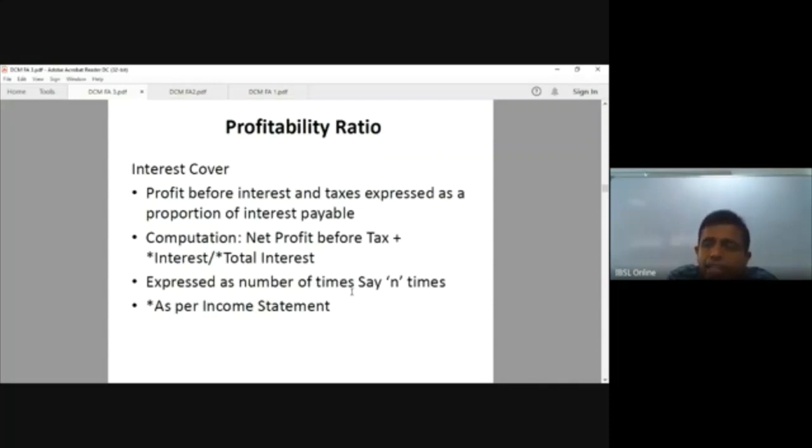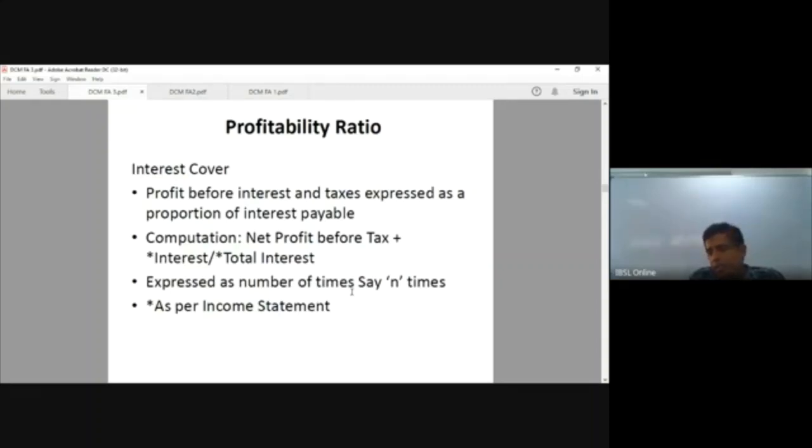You add interest also to the profit before tax, because when you calculate the profit before tax, you deduct the interest. If you add the interest portion back to the profit before tax, it will become 550. Then you divide that amount by interest: 550 divided by 50 is 11 times. What is the meaning of this 11 times?